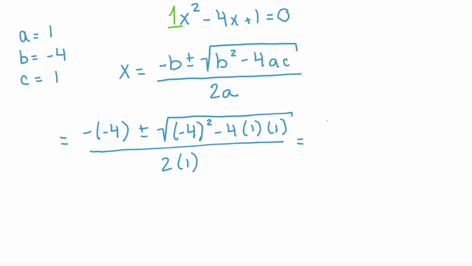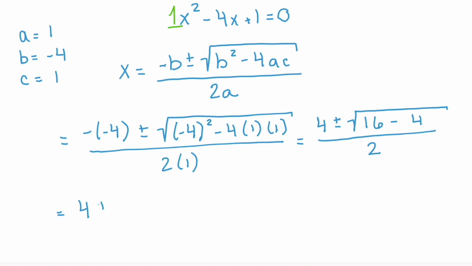Negative 4 is a positive 4, plus or minus the square root, negative 4 squared is 16, minus 4 times 1, which is 4, all divided by 2. So we have 4 plus or minus the square root of 16 minus 4, which is 12, divided by 2.